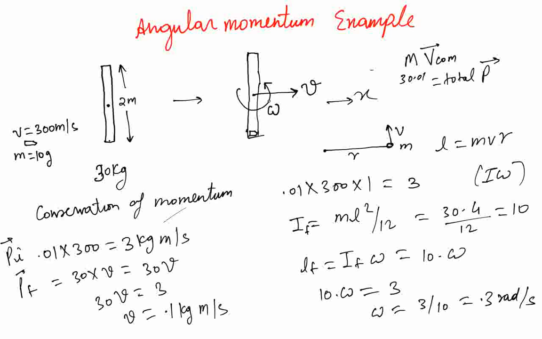And the way it remained conserved was that the stick started moving angularly about the center of mass, and the way the linear momentum remained conserved was that the center of mass started moving linearly, or in a straight line. So this is why this motion happened like this, to make sure both angular momentum and linear momentum stayed constant.